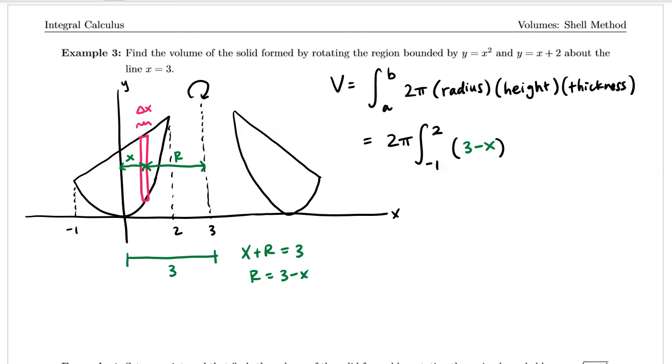Okay. And now I want to think about the height. So I'm going to do a little bit of erasing. That was a little bit more erasing than I wanted, but that's okay.